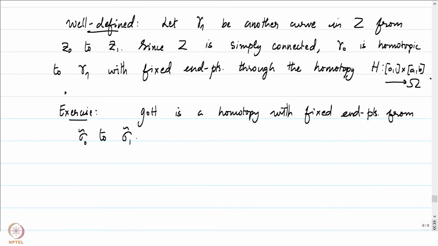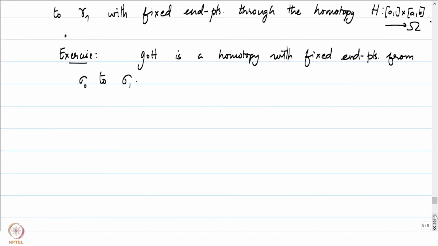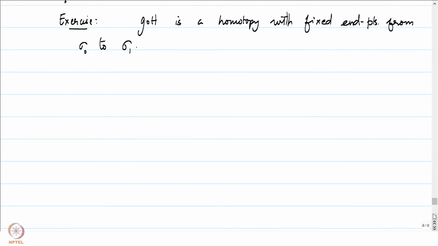Remember that sigma 0 tilde, sigma 0 to sigma 1, we are going to do it later. By lifting it, we will be getting hold of a homotopy from sigma 0 tilde to sigma 1 tilde, but we are not there yet. g composed with H, by simple verification, one can see that it's of course a continuous map and the other properties of a homotopy with fixed endpoints are satisfied. And therefore, it's certainly going to be a homotopy from sigma 0 to sigma 1.